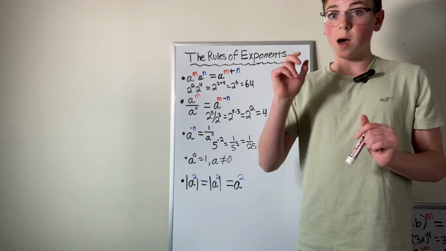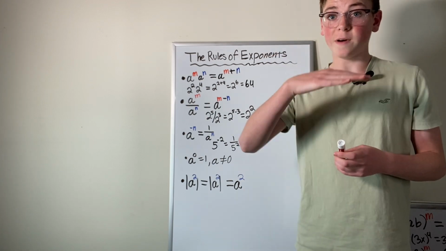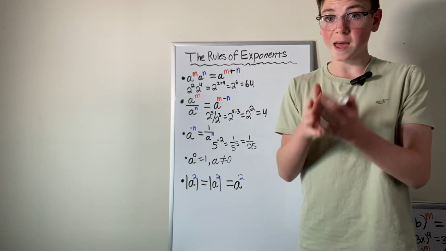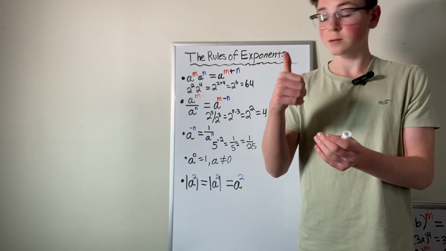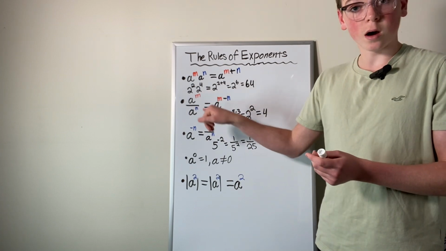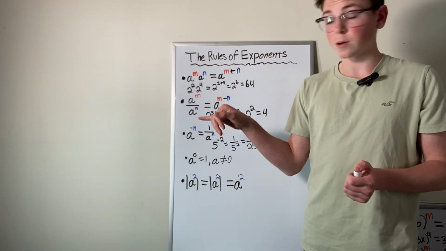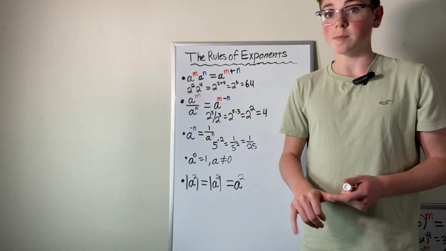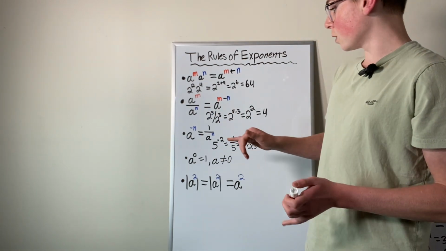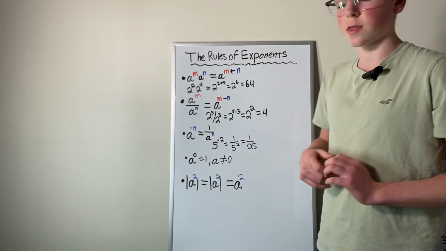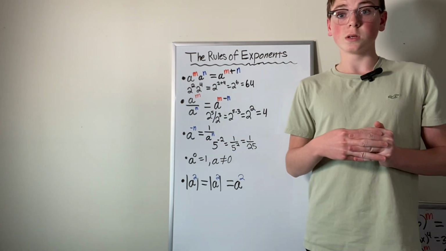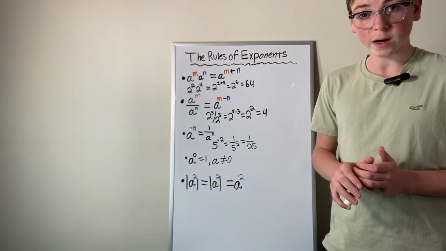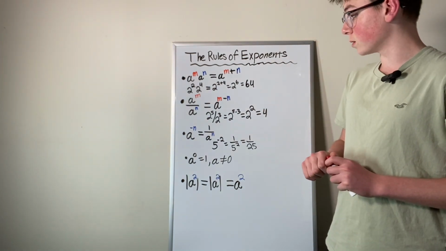So that means a base to a power divided by that same base to a power equals that base to the power of m, our numerator power, minus n, our denominator power. So if we have 2 to the fifth divided by 2 to the third, it is equal to 2 to the power 5 minus 3, which is equal to 2 squared equals 4.